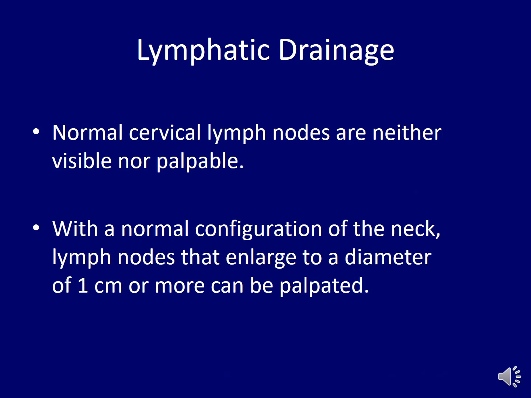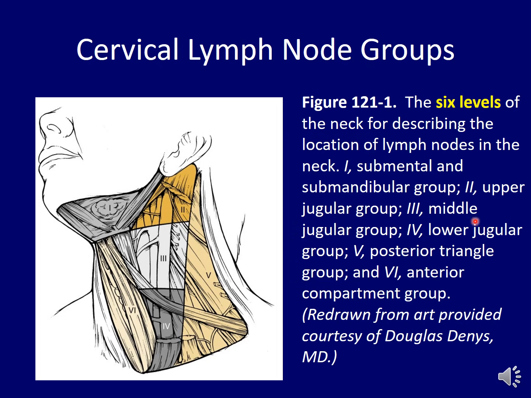The normal cervical lymph nodes are neither visible nor palpable. With a normal configuration of the neck, lymph nodes that enlarge to a diameter of 1 cm or more can be palpated. This is a picture showing to us the different levels of cervical lymph nodes.